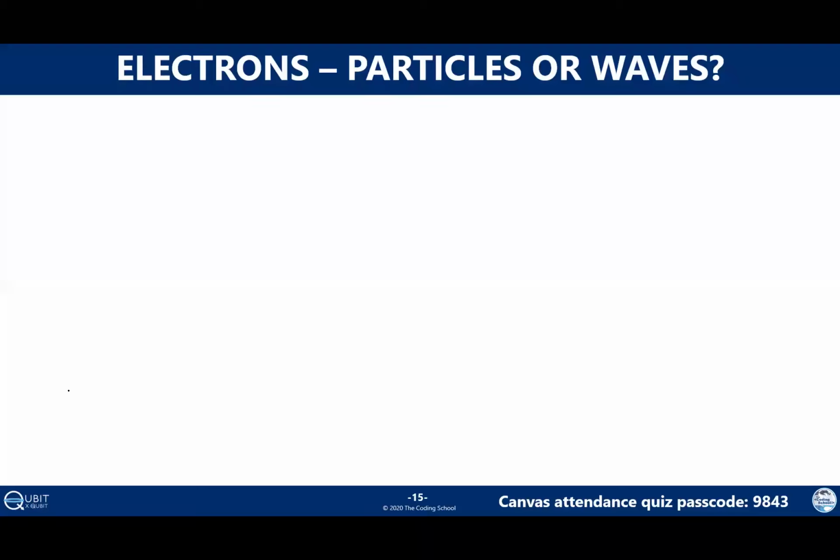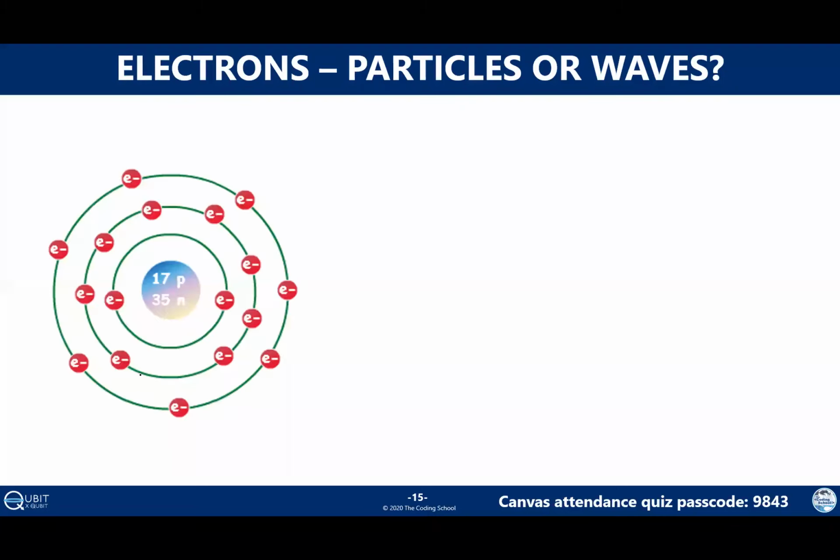So we ended off with this fact that in the early 20th century, physicists were looking at all these subatomic particles and wondering if they were waves or particles. Let's look specifically at the example of electrons. As I mentioned, when we draw an atom, we normally draw the protons and neutrons, or just the nucleus in this case, as well as all of the electrons as particles.